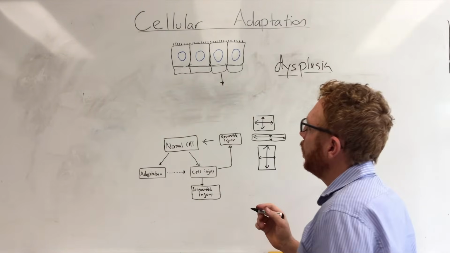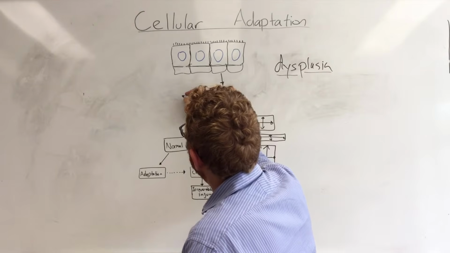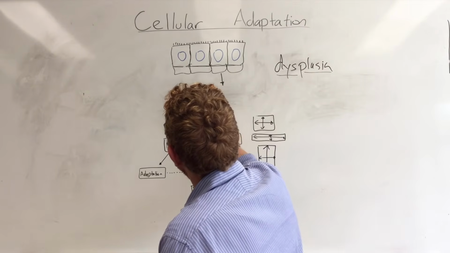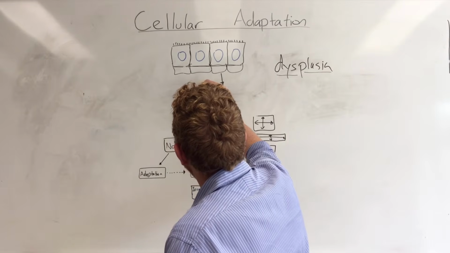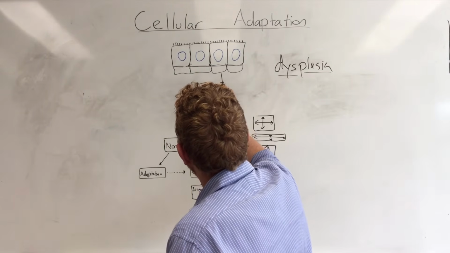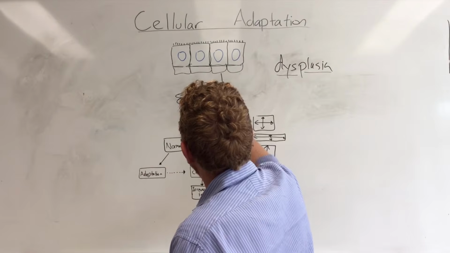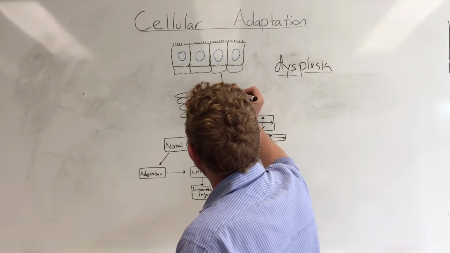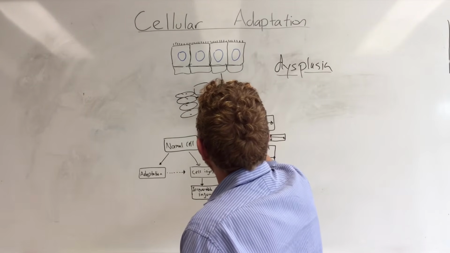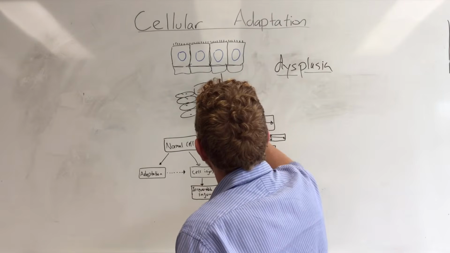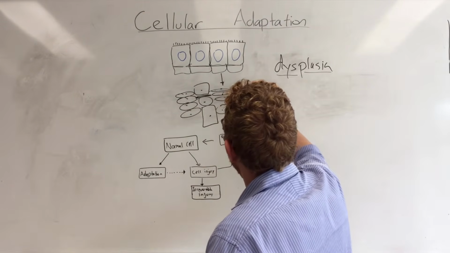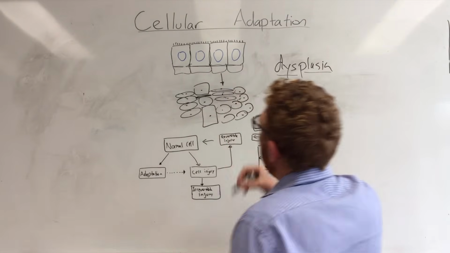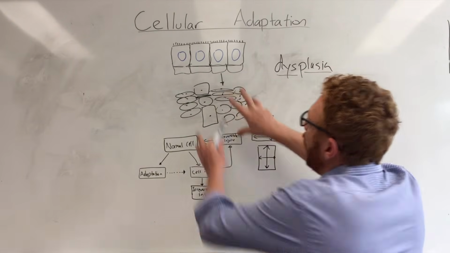So not only do we increase the number of cells, but we might increase the shape. So we might have flat ones, round ones, cuboidal ones, squamous ones, and it's going to be all disordered. So we have hyperplasia, so we have an increase in number, but we also have an increase in shape and the way that it's organized.